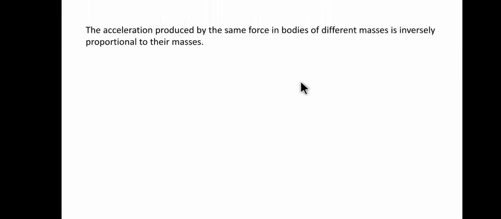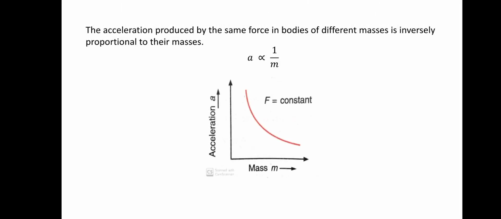So if the mass decreases, the acceleration increases, and if the mass increases, the acceleration decreases. Here they are inversely proportional. So you obtain this kind of graph, where as the mass increases, the acceleration decreases and goes down. This is the graph showing acceleration versus mass.